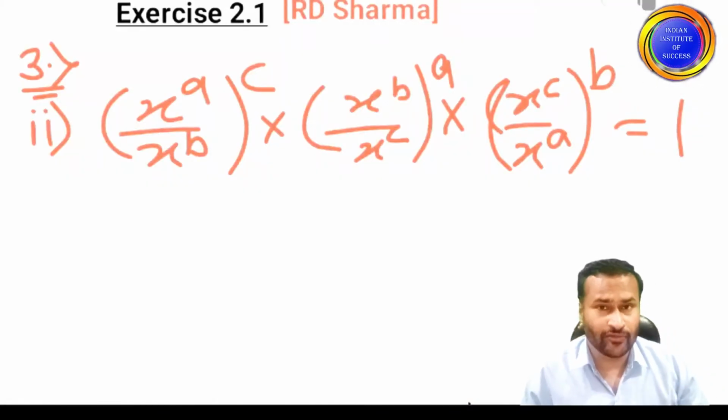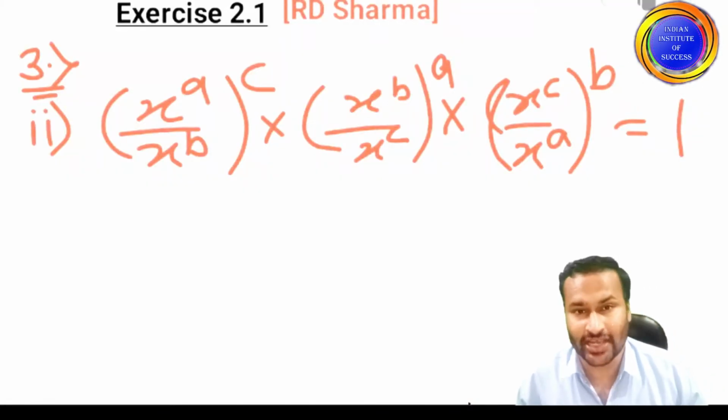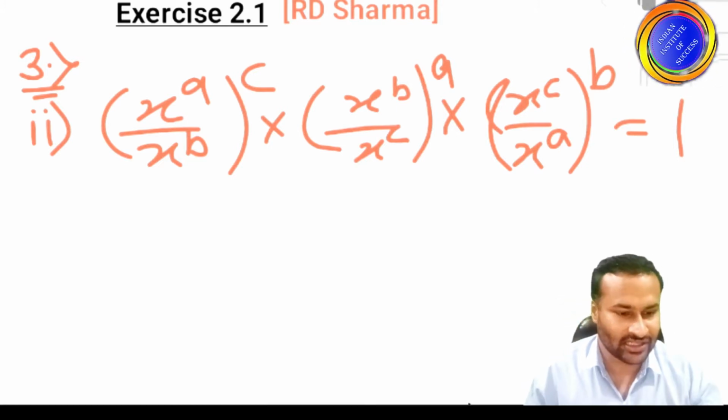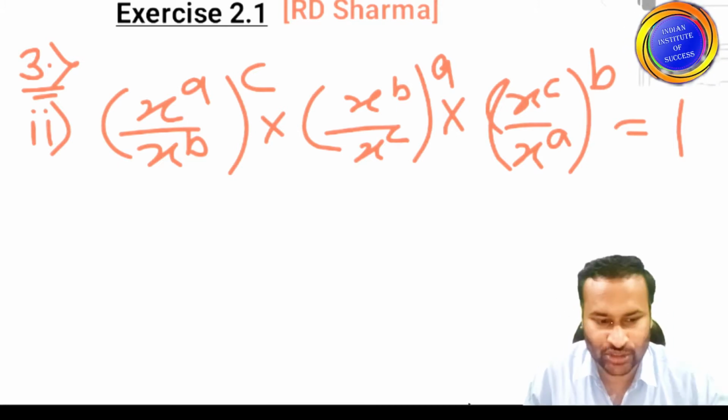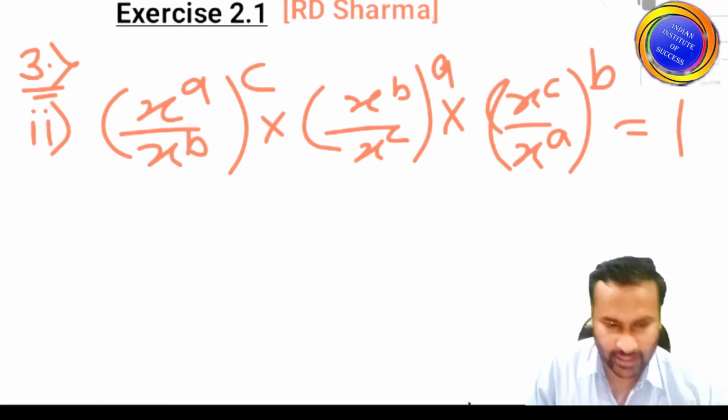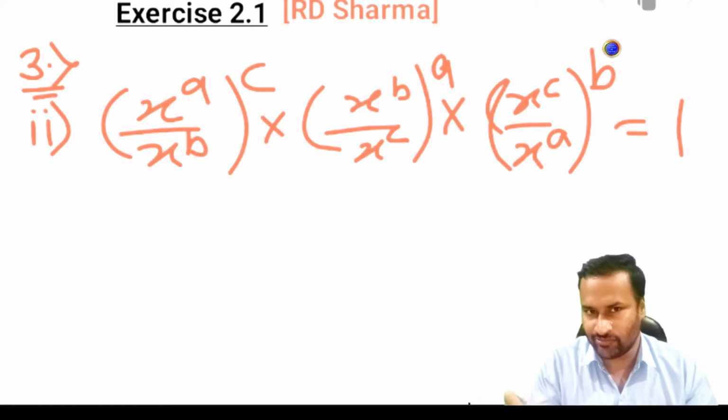Hello students, today we are going to start our third question, second part from R.D. Sharma exercise 2.1. So let's start. This is our question: x raised to power a upon x raised to power b, whole raised to c. When powers are there, we should multiply.